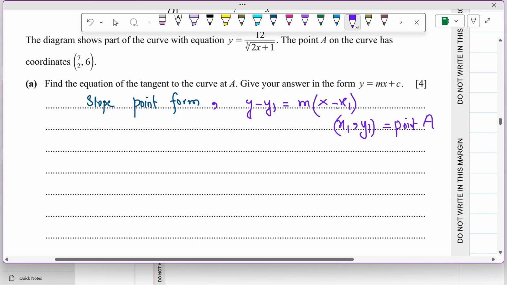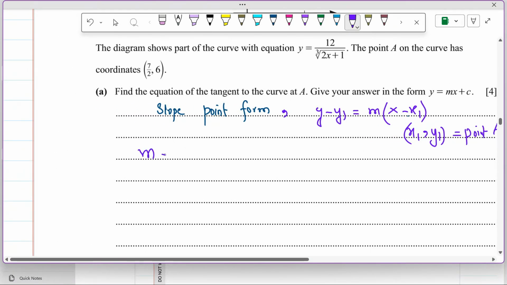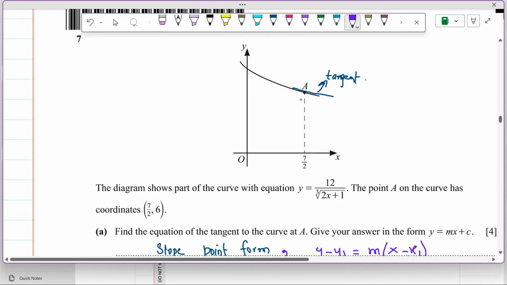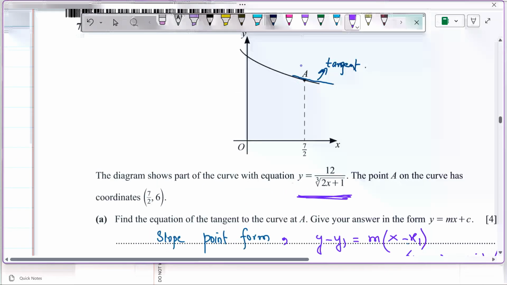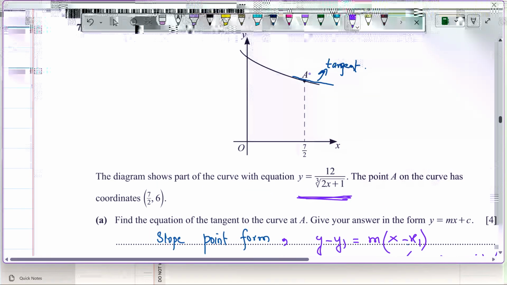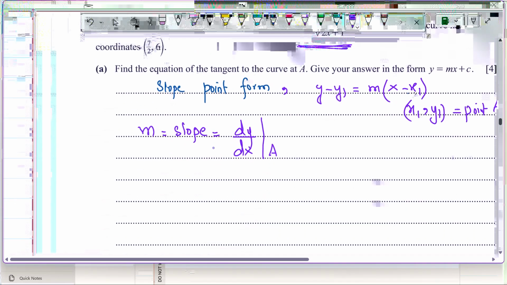So we have the point, and we need to find the slope m, which can be found using the curve equation. If we differentiate the curve equation and plug in the point where we need the slope, which is A, we get the slope.